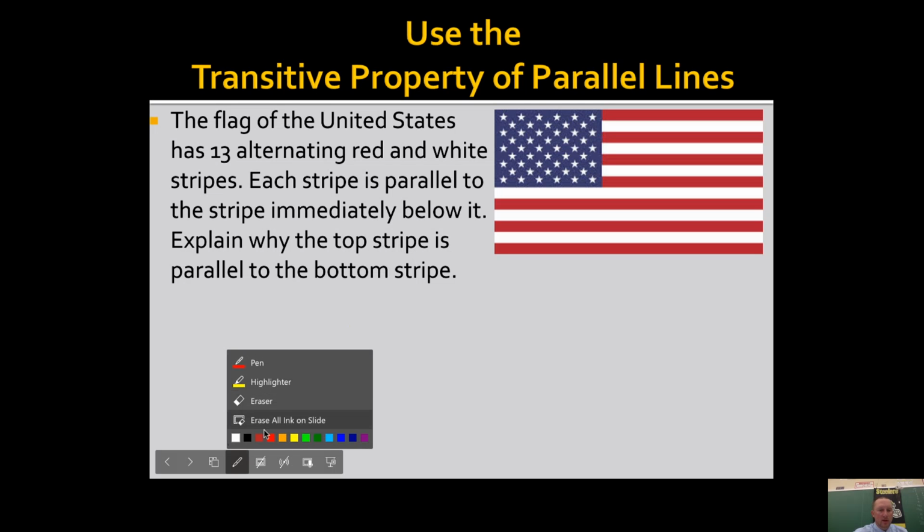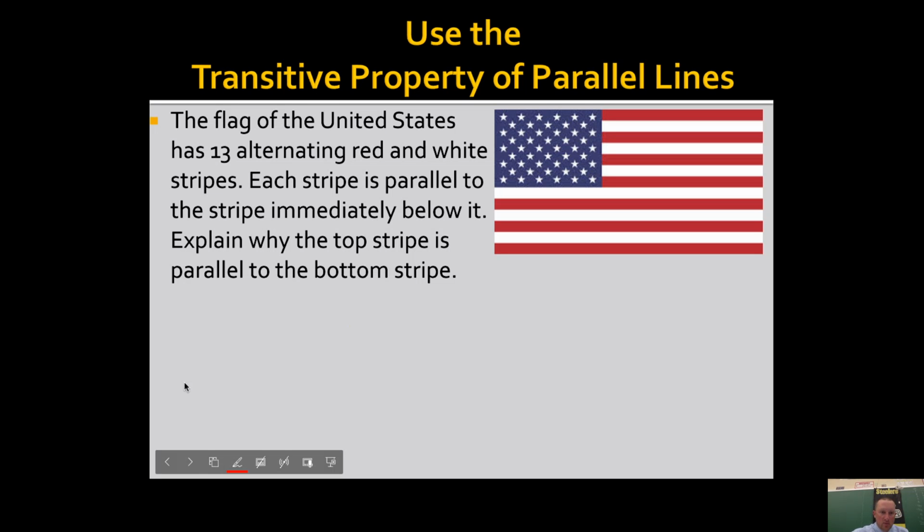So your given information is going to be a whole bunch of lines. Line 1 is parallel to line 2. Also, line 2 is parallel to line 3.